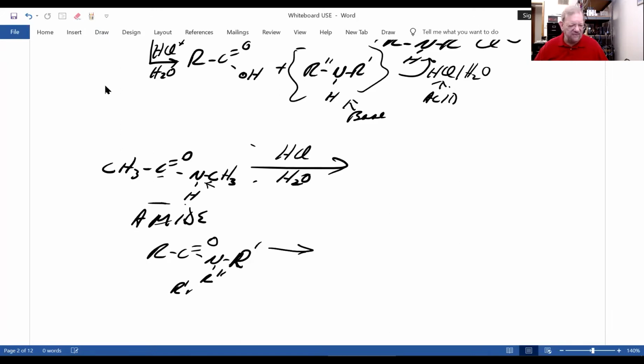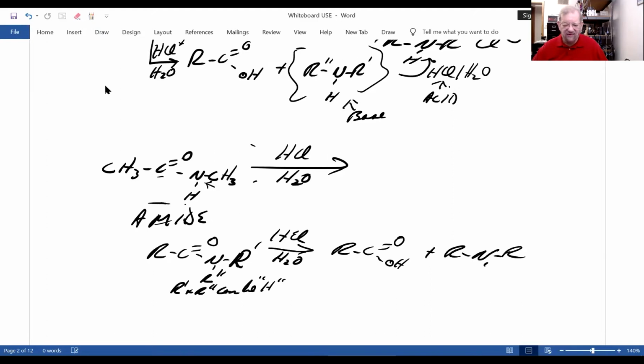Remember, R prime and R double prime can either one or both be hydrogen. And if you add acid and water, what you'll get back is the carboxylic acid you would have used to make that amide and the amine salt of the amine you would have used to make that amide.